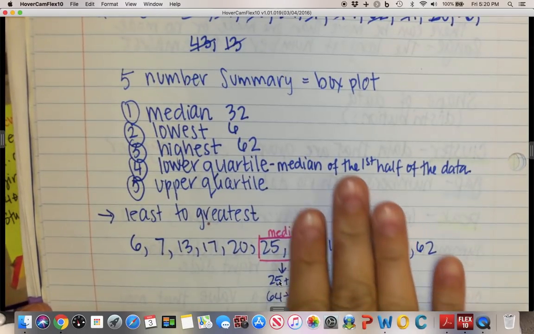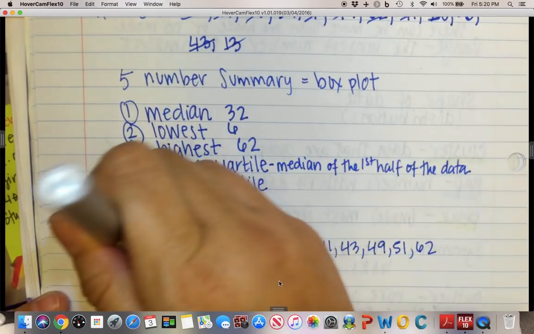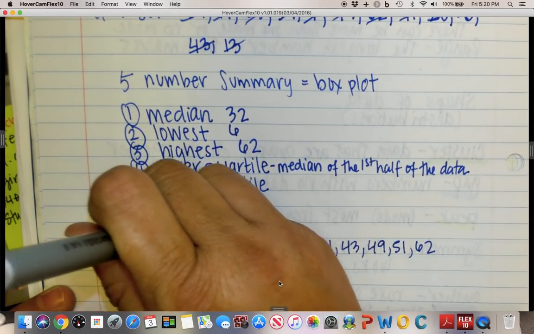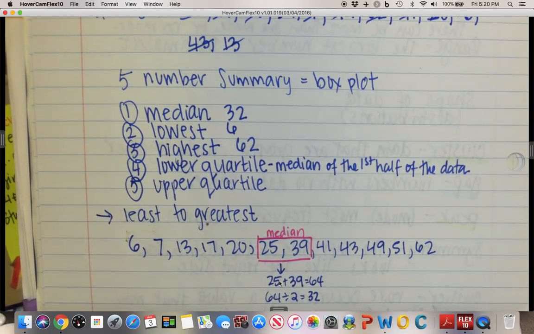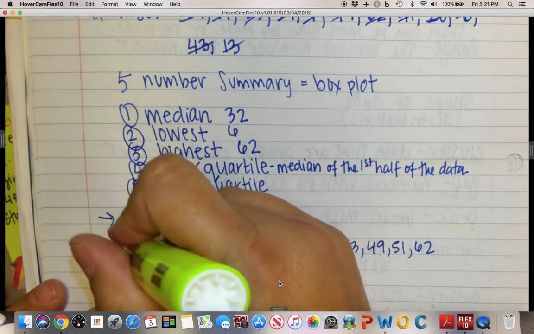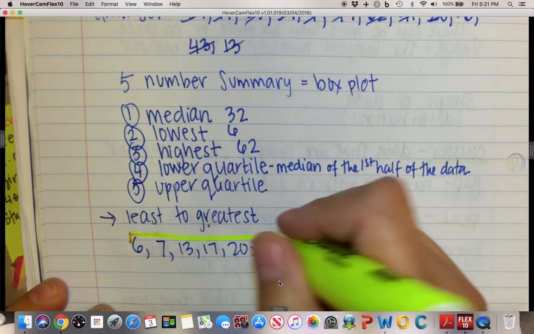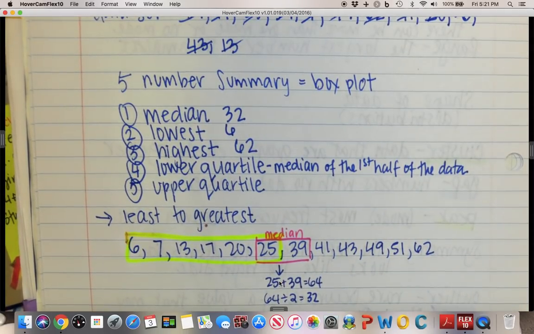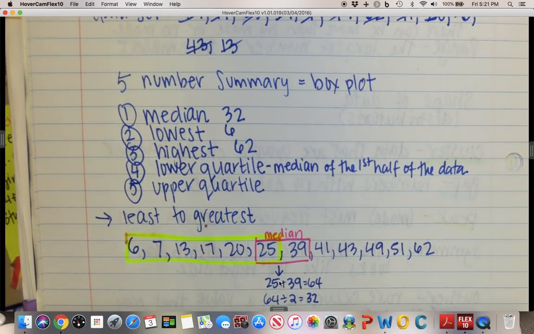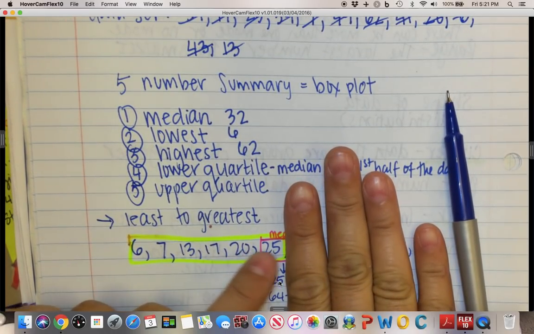So the first half of the data is 6 to 25. So if I look at the first part of the data, I'm looking for the median. 1, 2, 3, 4, 5, 6.